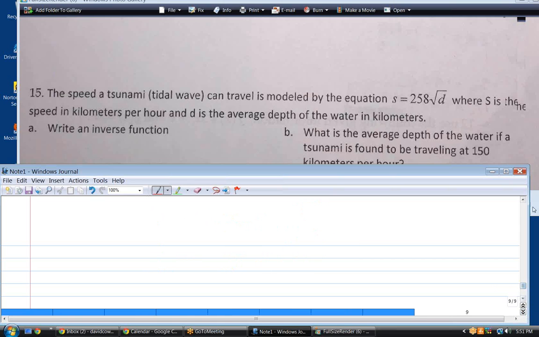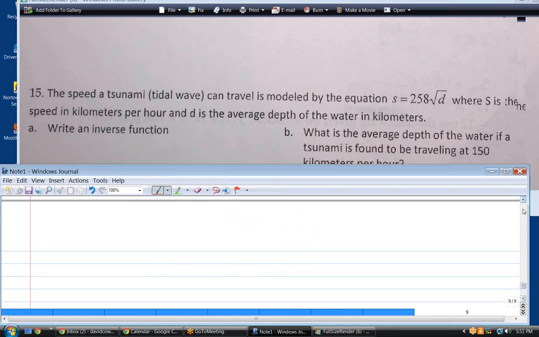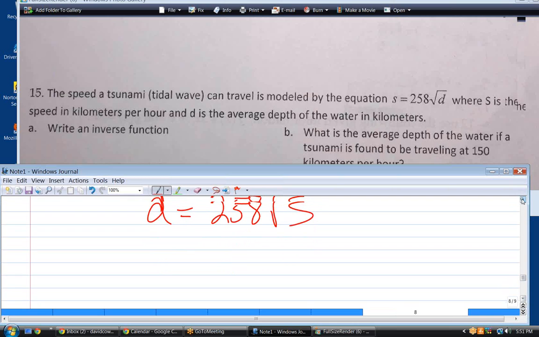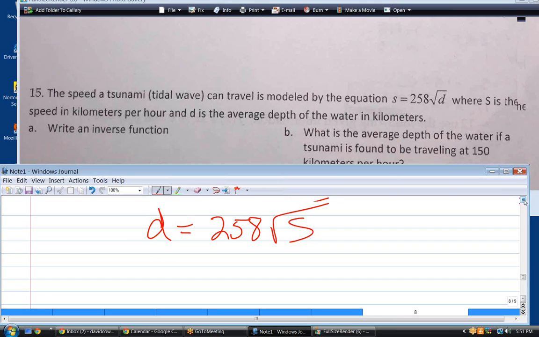So what's the algebra I have to do to solve that for S? You square both sides. Not yet. Always isolate the radical first. Right, so you divide by 258 on both sides.